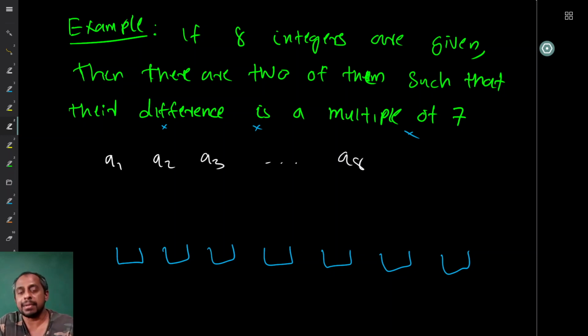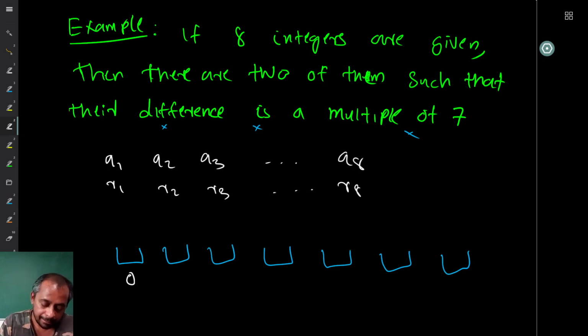Each of them I divide by 7. Then I get the remainders r1, r2, r3, etc., r8. Now, when you divide a number by 7, what are the possible remainders? The remainder can be 0, 1, 2, 3, 4, 5, or 6. These are the only possible remainders when you divide by 7.